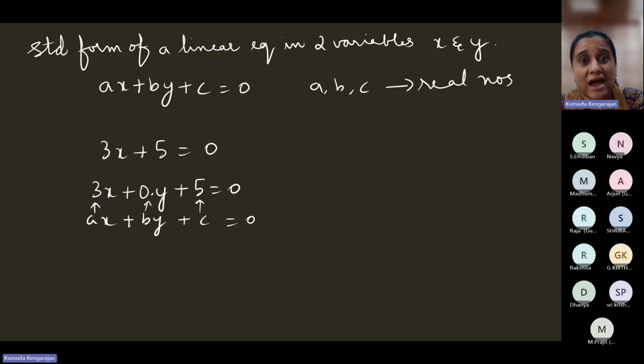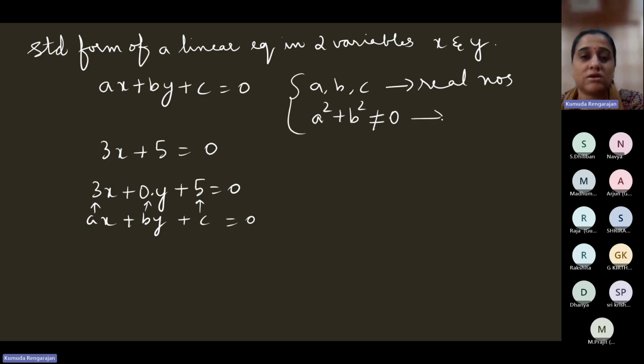But if both x and y are not there, if it is 0x and 0y, then there are no variables at all. So then it is not a linear equation in two variables x and y. So a, b, c are real numbers, and that condition, both a and b should not be 0 at the same time, is written as a square plus b square should not be equal to 0.